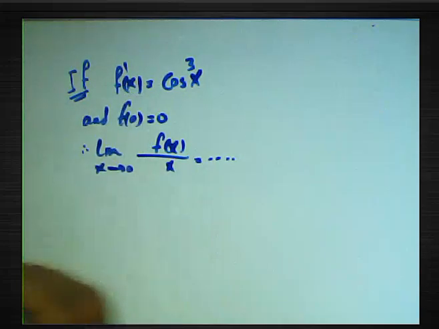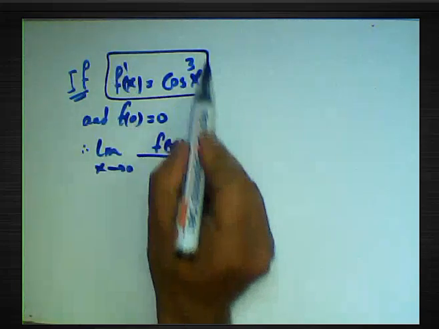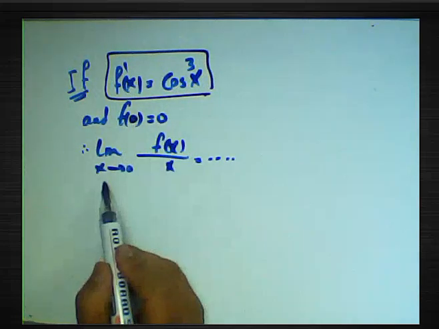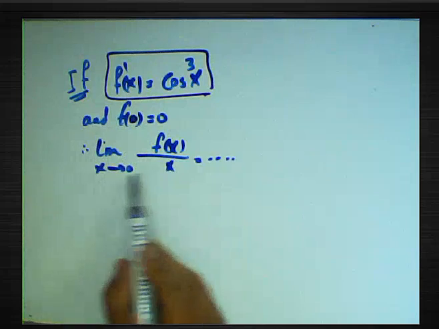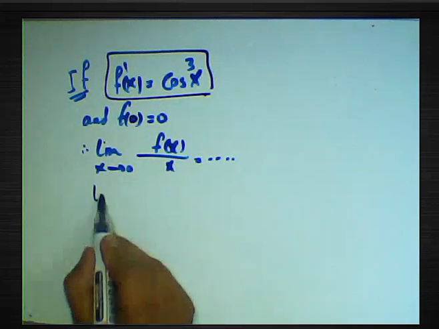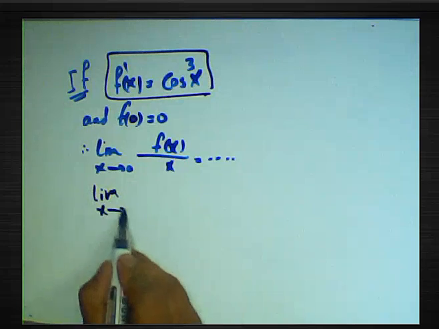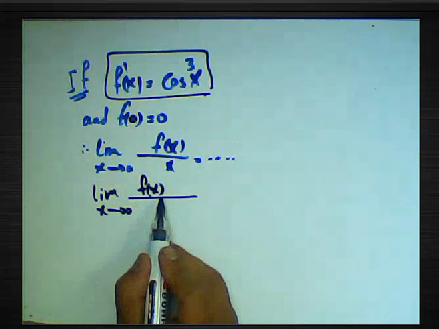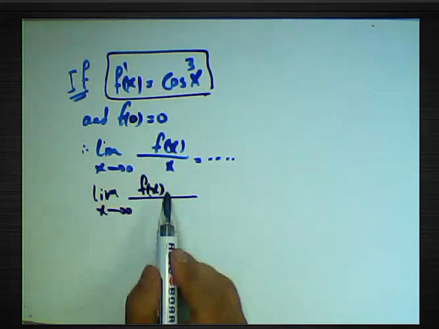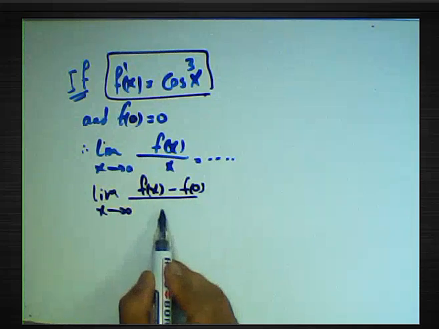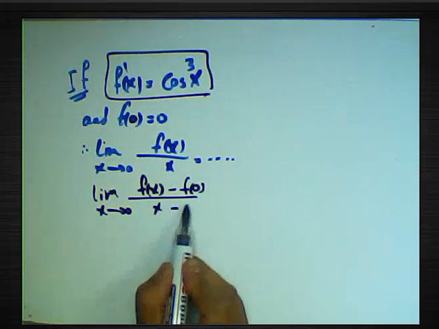If f dash of x equals cosine power 3 of x and f of 0 equals 0, find the limit of f of x over x when x approaches 0. You can write, look here, x approaching 0 of f of x. You know f of 0 equals 0, so we can write subtract f of 0, and here x means x minus 0.